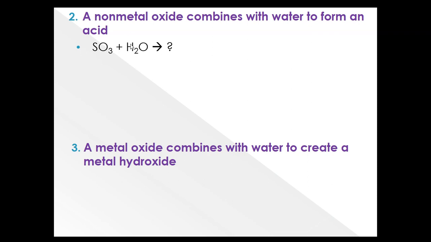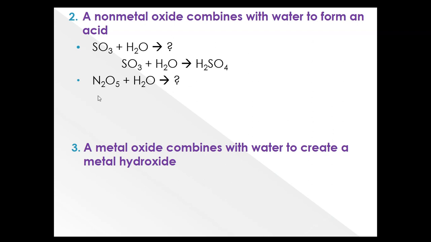I'm going to have 2 H's because acids start with H, so that goes first. I'm going to have 1 S because that's next. And then I have 4 oxygens here, 3 here and 1 here. So you get H2SO4. And this is already balanced. It worked out perfectly. I didn't have to go back and do anything.